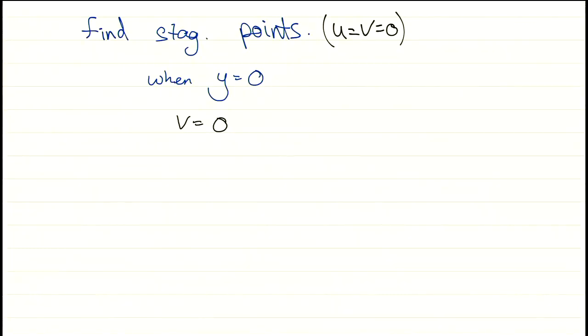Okay, so for u, the stagnation point is going to occur when 0 equals negative u infinity plus qs divided by 2 pi xs.